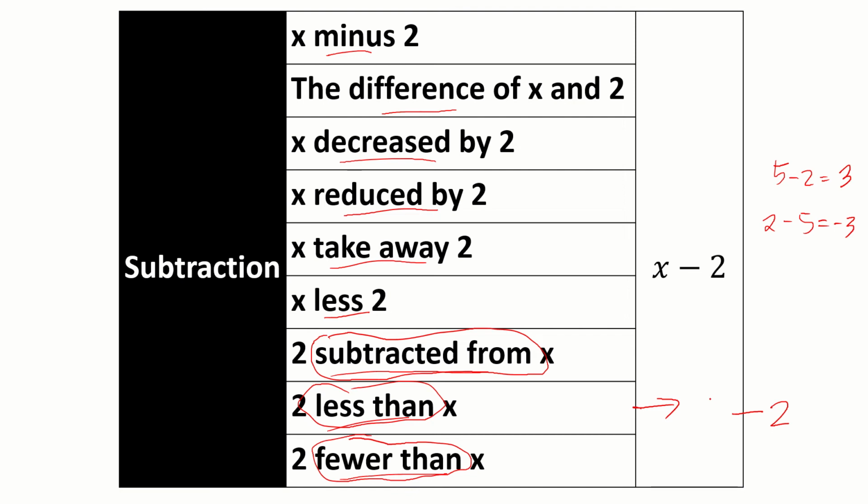So that's 2, meaning 2 less than x. If it's 2 fewer than x, so 2 fewer than x. Same here with 2 subtracted from x. So it's not 2 minus x, but 2 subtracted from x, so x minus 2.